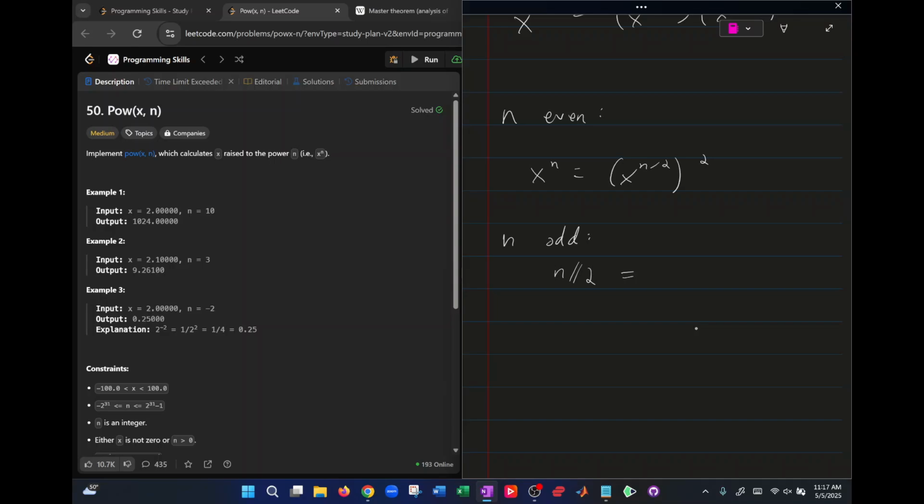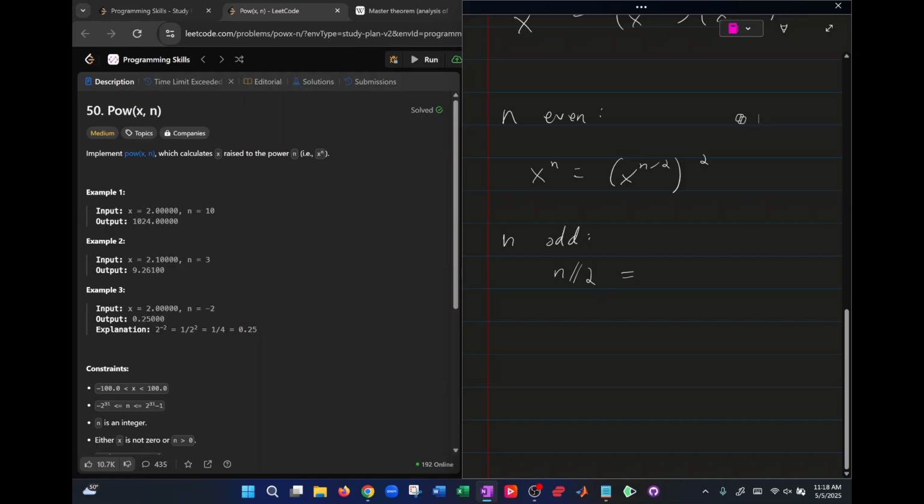This is pretty straightforward when n is even, because then it is just equal to n divided by 2, except that it will return an integer rather than a float, but that's fine. That's actually what we want, because we want n to be an integer. Whereas normally if you use just a single slash in Python, it will return a float by default, even if it's a float representation of an integer.